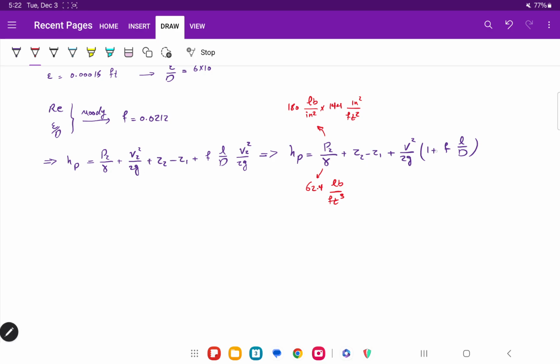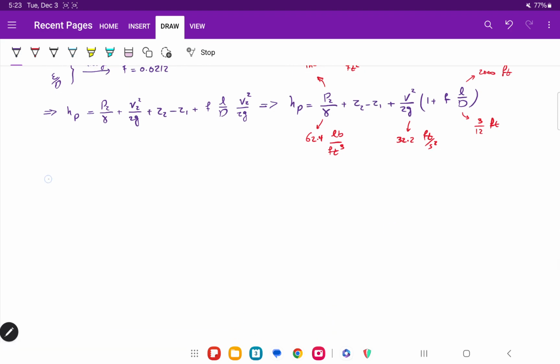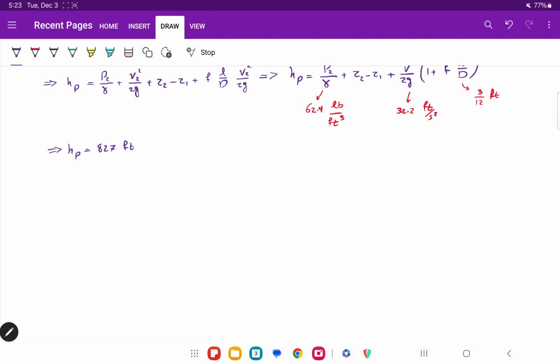You know velocity, you know F. L is 2000 feet. Diameter is 3 over 12 feet. Gravity is 32.2 feet per second square. And now you can find HP. It equals 827 feet.